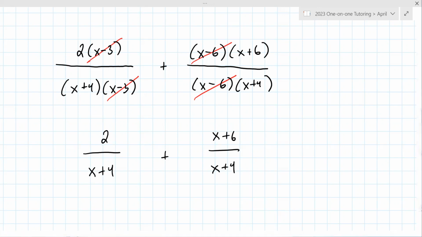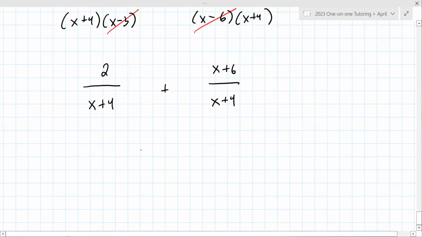What can you do from here? Combine them. Why are you allowed to combine them? The bottom's the same. Okay, so I'll write the bottom. I want you to tell me what goes in the top, but I want you to simplify it as much as you can. Two x plus 6.